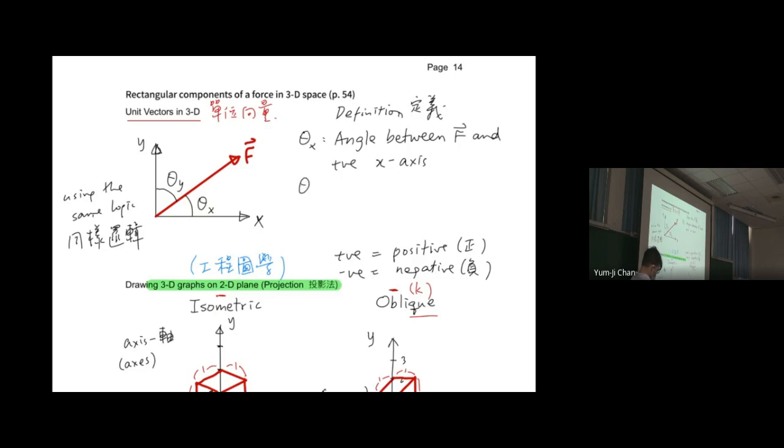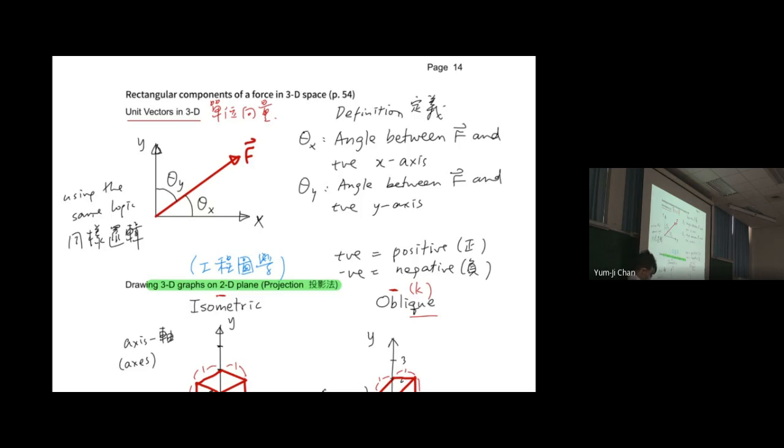Theta y is the same. That's the angle between F and the positive y-axis.